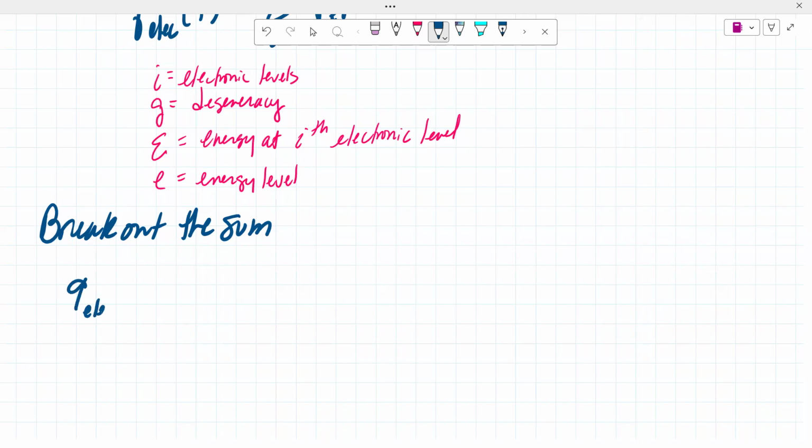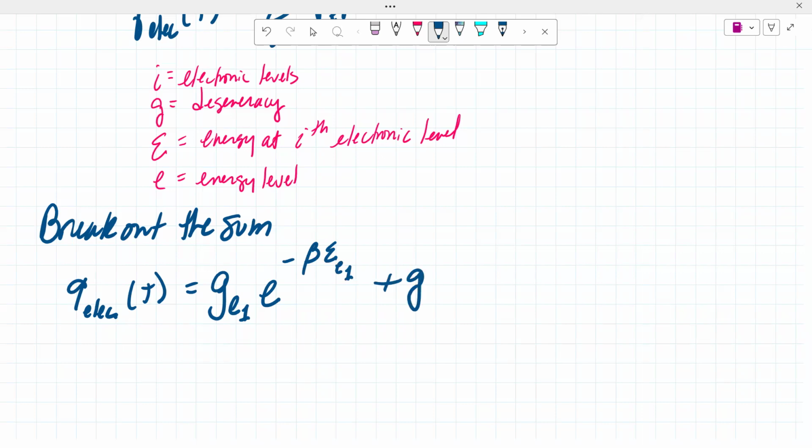Q electronic of T equals g1 e to the negative beta E1. This E is different than that E. This E is a subscript E. This E is the natural E, like natural log, the one that goes with negative beta. It's a constant.